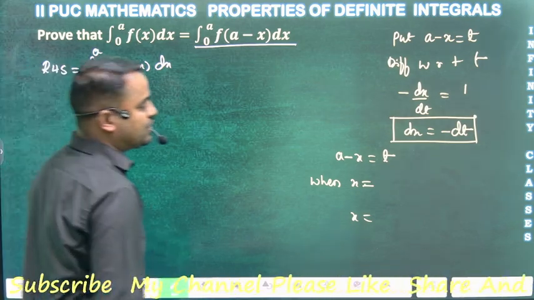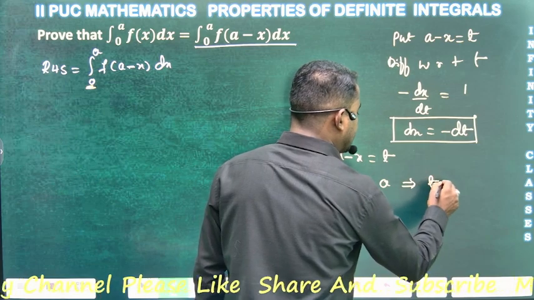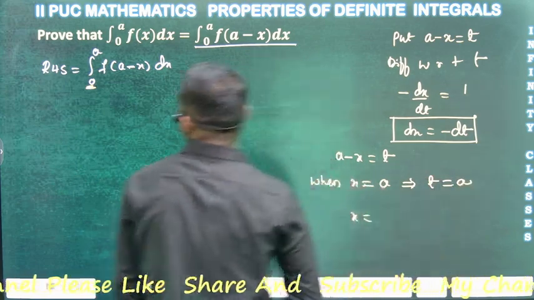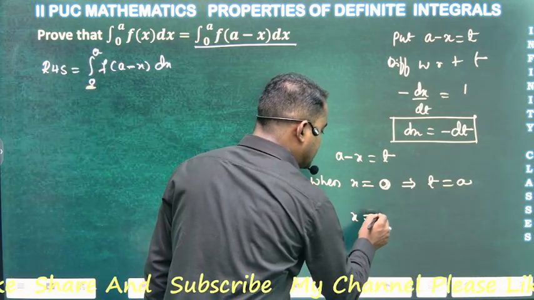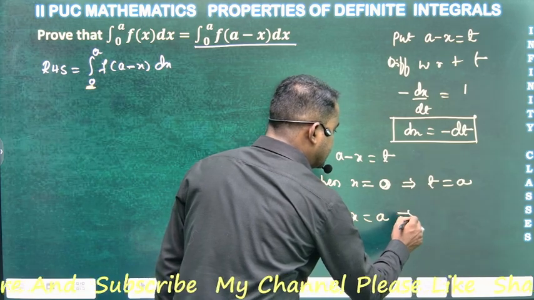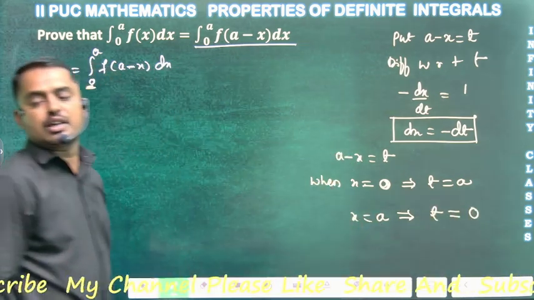When x is equal to 0, t is equal to a. So please make the correction here: when x is equal to 0, t is a, and when x is equal to a, t is 0.